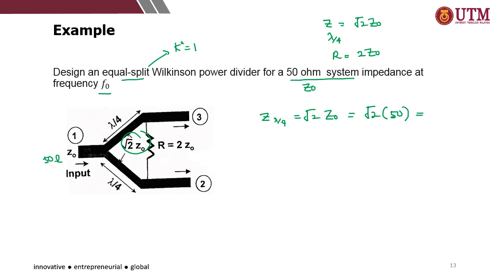While the resistor R equals 2 Z0, equal to 2 times 50 ohm.